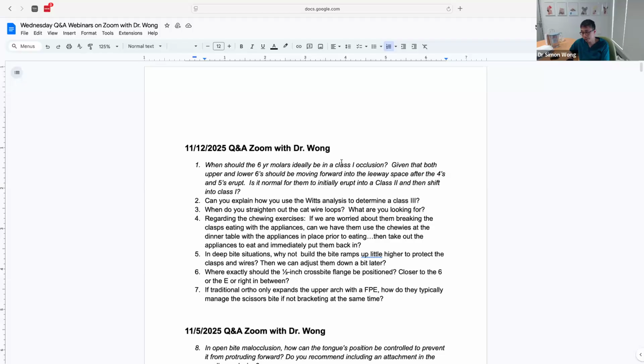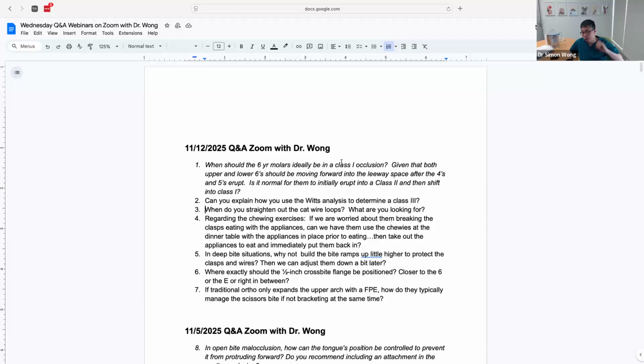More importantly, you can also assess the primary canine relationship, because that tends to be representative of the long-term relationship.